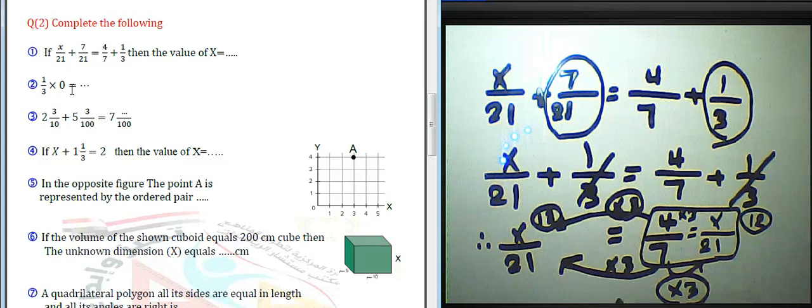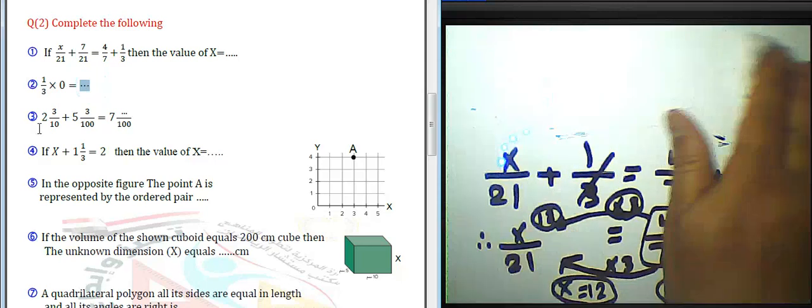Then x will be equal to 12. Then the result will be 12 for this example. Write 12 here in this space. Okay. A third times 0 equals 0. The result here is 0. Write 0. Question number 3.